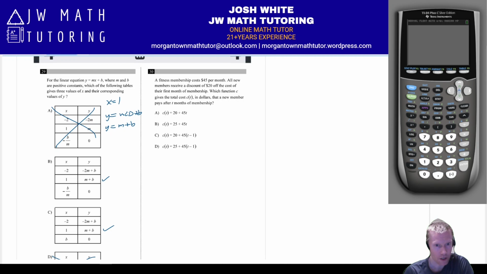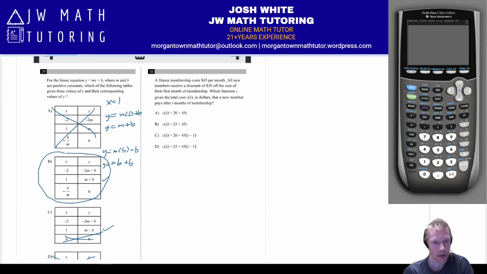So if you do that, it's just y equals m times b plus b, or mb plus b. That's not going to equal 0 unless b also happens to equal 0. So this is going to be incorrect, so we can eliminate this one. And the correct answer is, in fact, letter B.